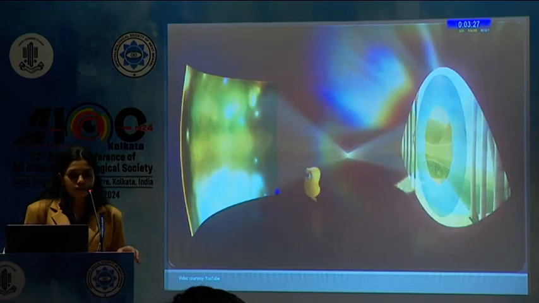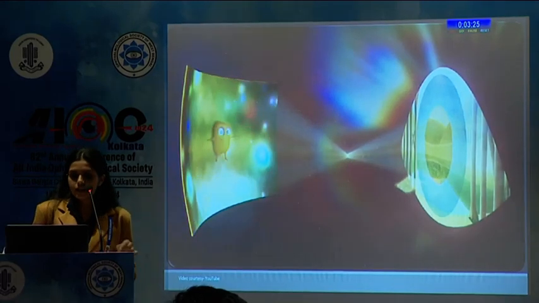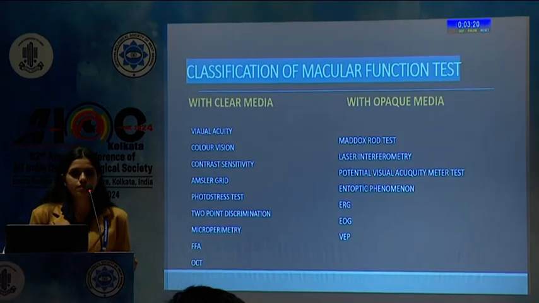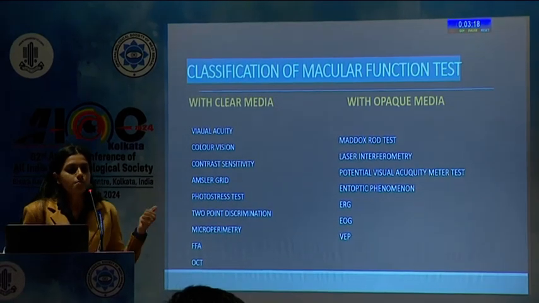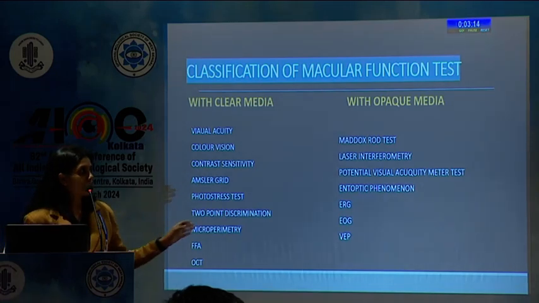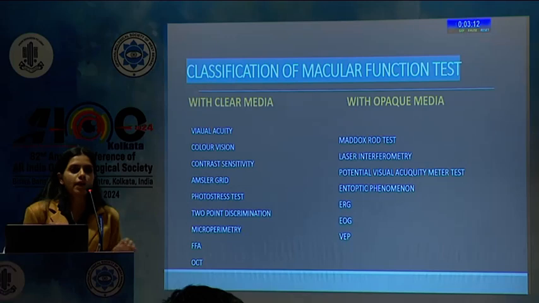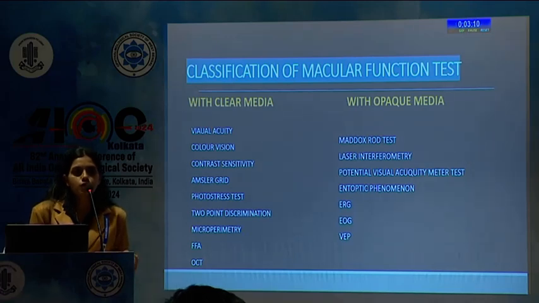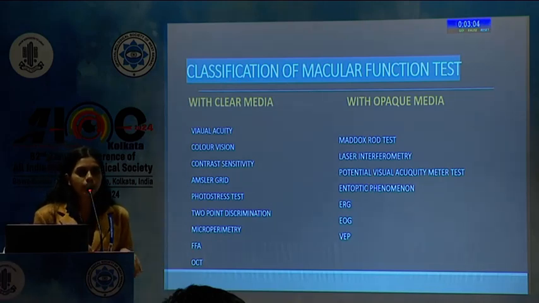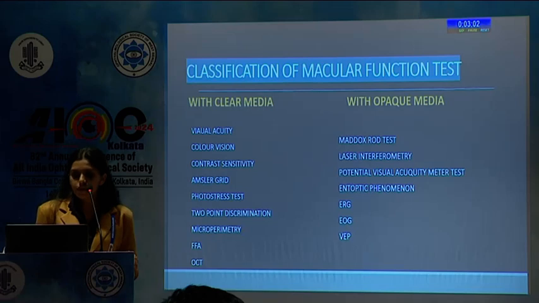With this background in our mind, let us proceed towards the classification of macular function tests. It is classified as MFT with clear media and MFT with opaque media, and these are the tests. As we saw, the macula is responsible for most of our central vision, and the pinhole helps to focus light rays over the macula by inhibiting peripheral rays.